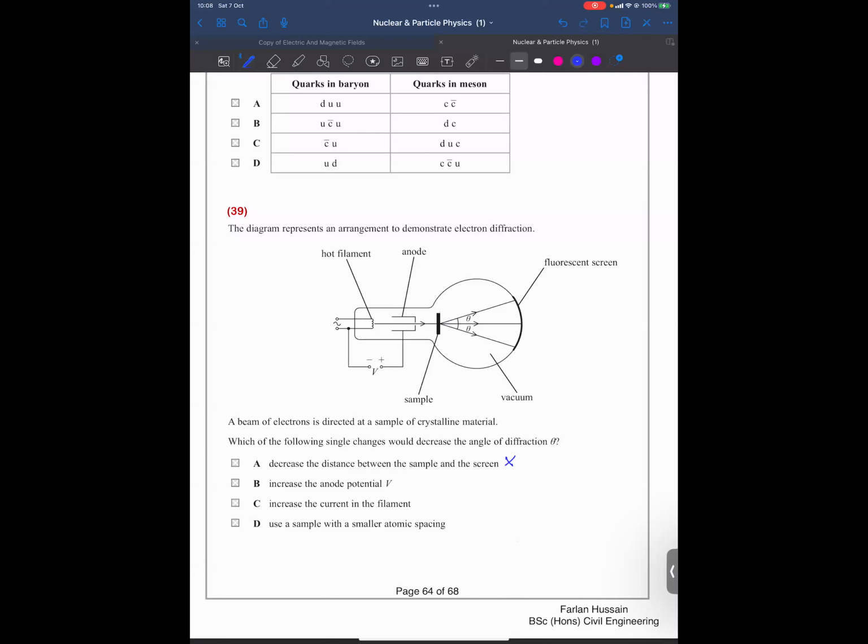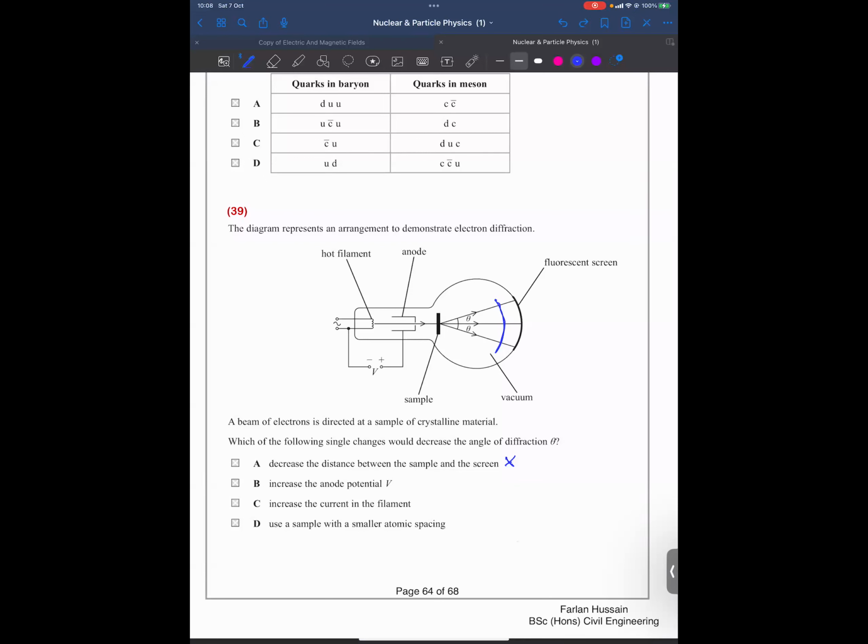That is definitely no. That is not going to make any difference. Just because you bring the screen closer, the path will be the same. The angle depends on whatever is happening within the sample. What is happening inside the sample is not going to change, so that will not make any impact on the angle of diffraction.